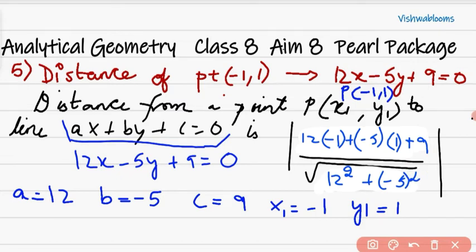Now when you simplify all this, you're going to get 8 by 13 square units. The simplification part is your work. Please do that, which is option C.